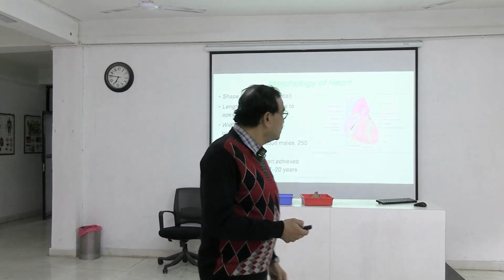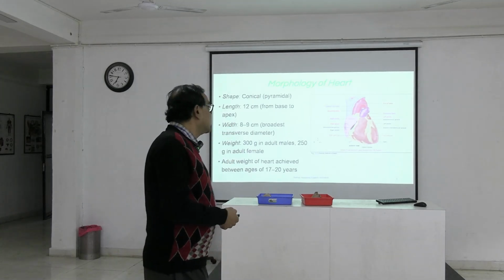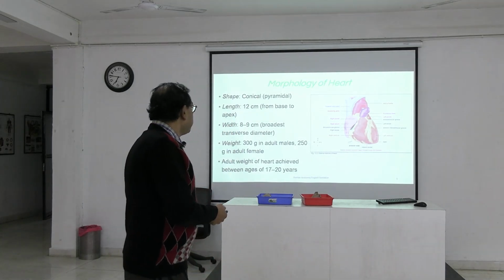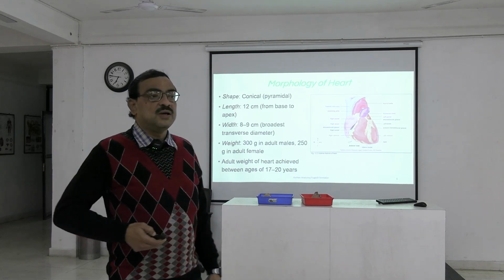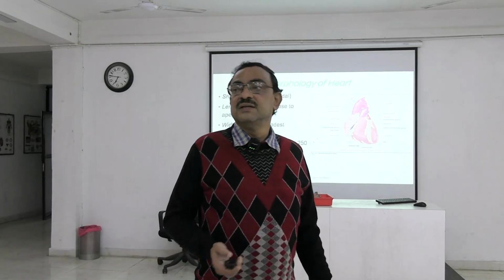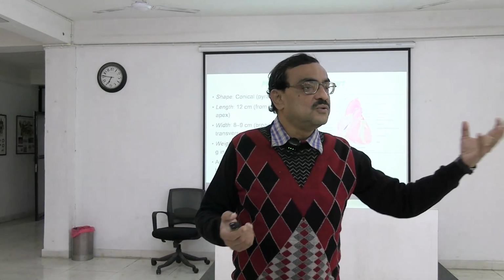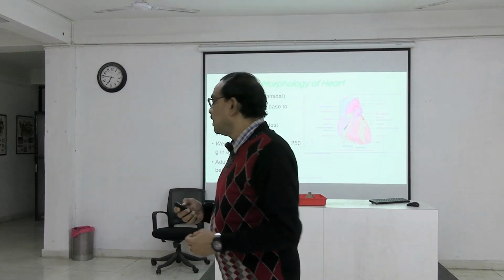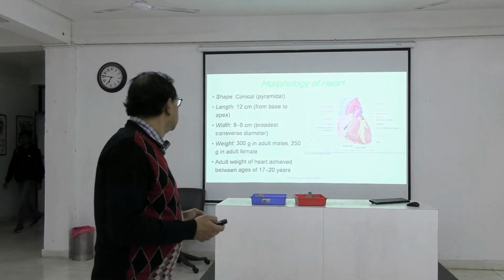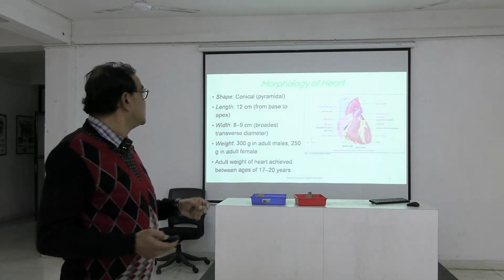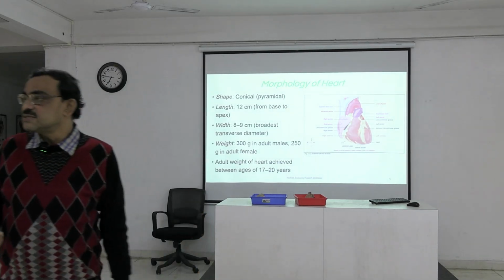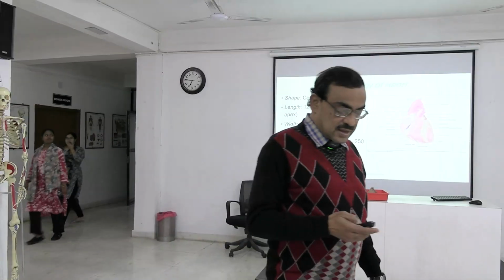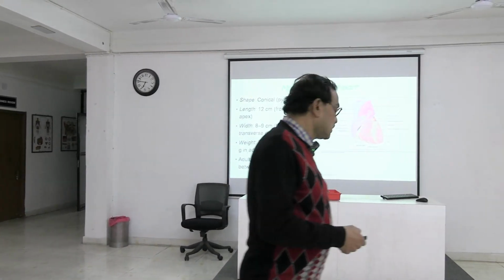We know the weight of the heart is 300 grams, the maximum length from the apex to base is around 12 centimeters, and the maximum breadth is around 8 centimeters.